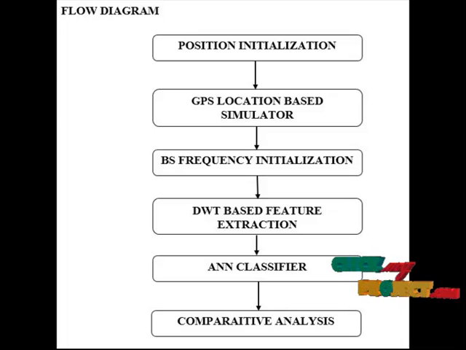DWT based feature extraction. After initializing the frequency, the DWT based feature extraction is applied to the signals from this module, and we can get the position of the vehicle and also the updated factors of the vehicle. ANN classifier.